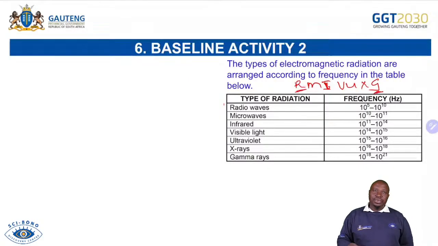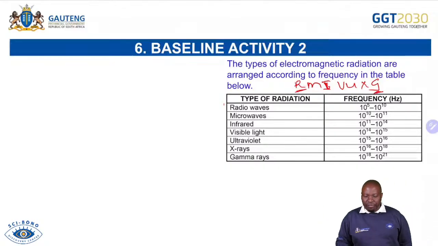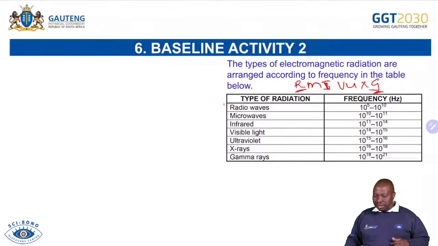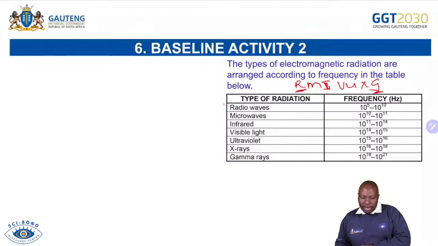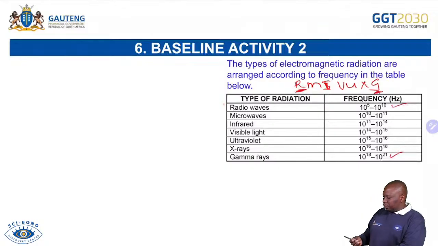With the rate, we said it has the lowest frequency because it has the highest wavelength. Now when we're talking about radio waves, they have the lowest frequency. Your gamma rays have the highest, as indicated there. So you can see from the table.